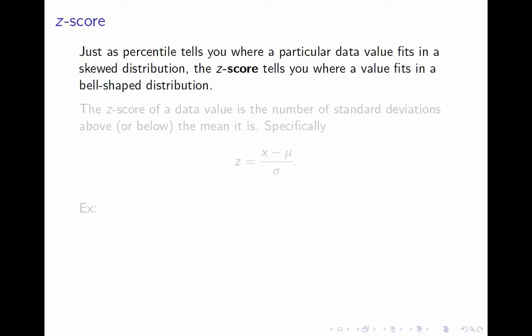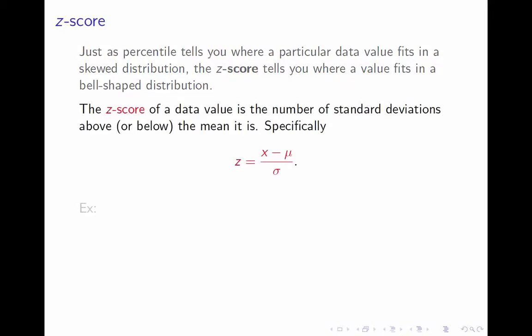The z-score is something you can compute for an individual data point, that is, for an individual in your population or sample. How do you compute it? With this formula, what it tells you is the number of standard deviations above or below the mean your data value is.